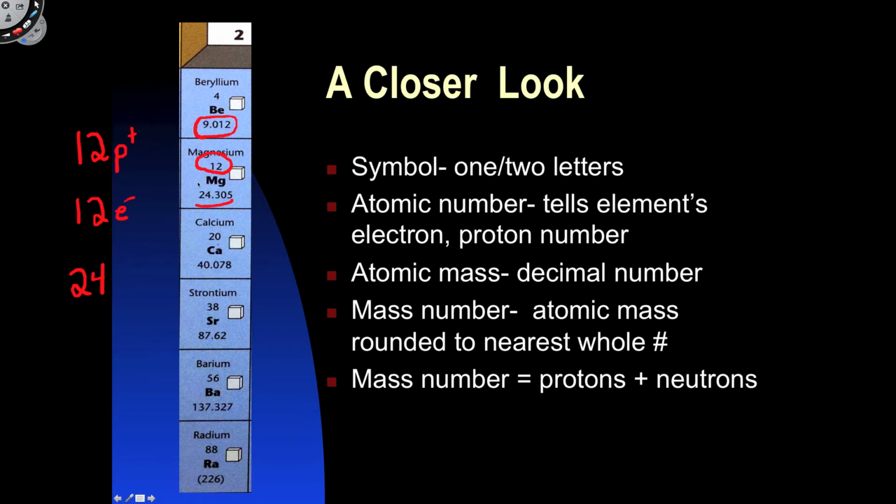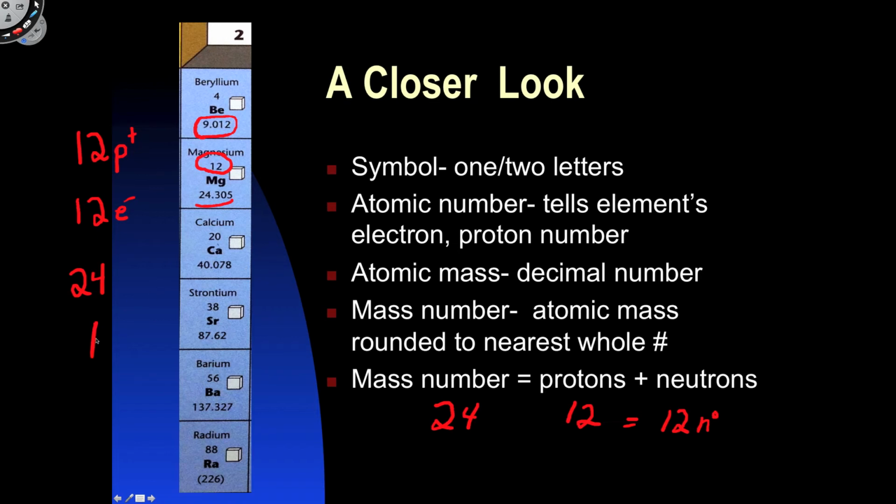So if we were going to try and find the neutrons for magnesium, well, here's the formula. If the mass number is 24 and the proton number happens to be 12, then we would just subtract 24 minus 12 and the neutrons would equal 12. And you have a little n with a zero symbol, and that simply means that it doesn't have any charge. Neutrons are neutral.